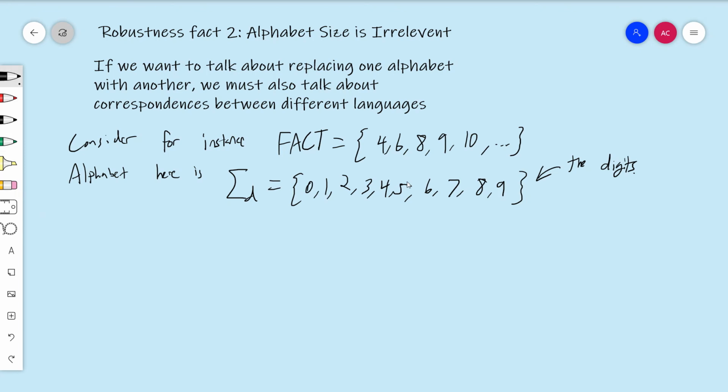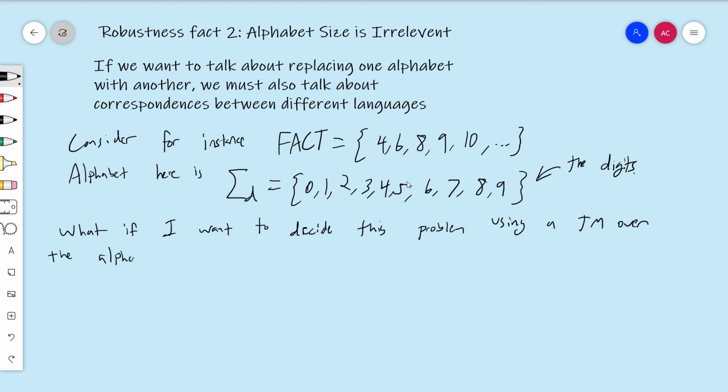For example, what if I want to decide this problem using a Turing machine over the alphabet 0, 1? Or really, rather, the standard Turing machine that we like to use is one that has 0, 1, then also has a triangle and a blank symbol, right? What if I wanted to use this?